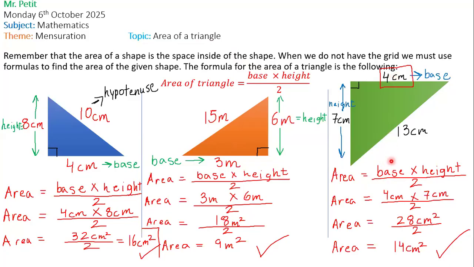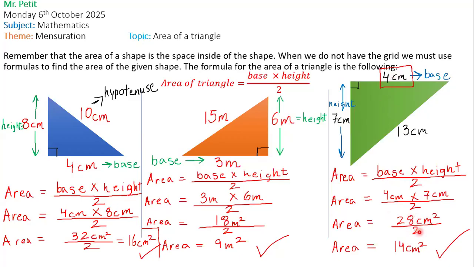So here, if you notice, what is the base? In this question, the base is 4 centimeters. The height is 7 centimeters. When we do 4 times 7, that gives us 28 centimeters squared.